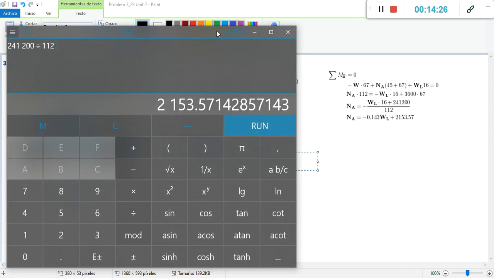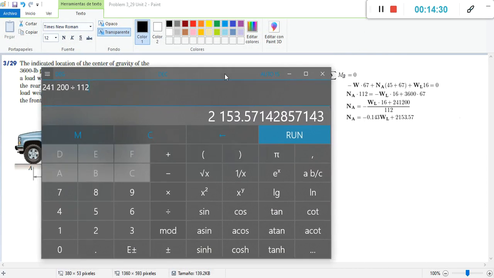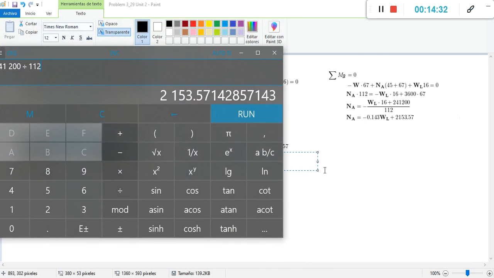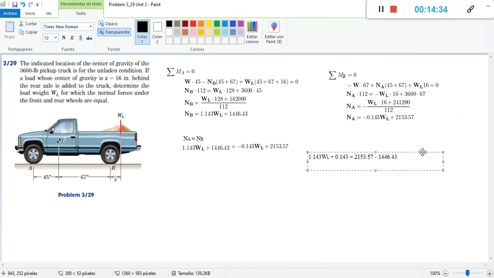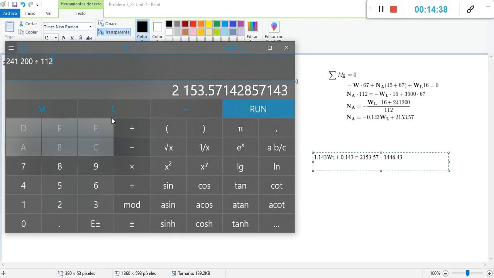I'm going to zoom it. Let's move this from here to see it. We have 1.143 plus 0.143, and it's 1.286.